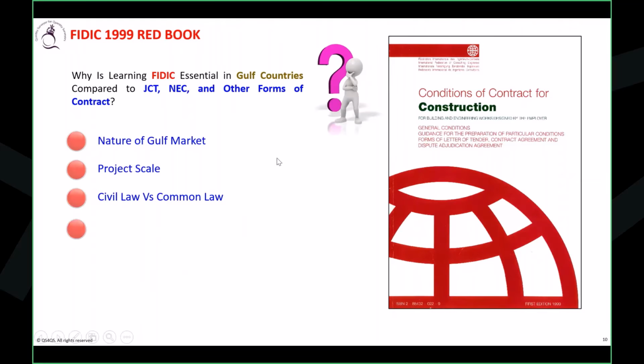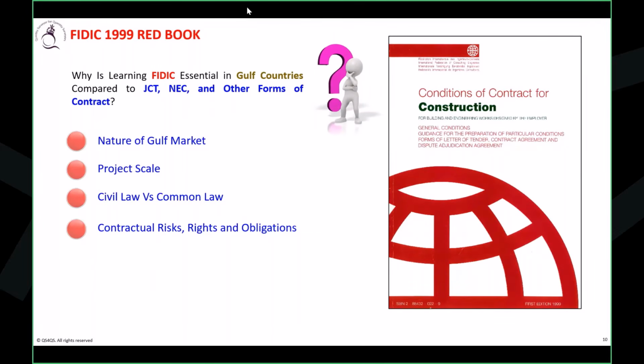Then another thing is contractual risk. FIDIC has contractual provisions where the risk can be allocated easily between the parties, and it is very important to allocate the risk correctly between the parties. If you don't allocate the risk correctly, it is going to bring a lot of trouble to the construction practitioner.